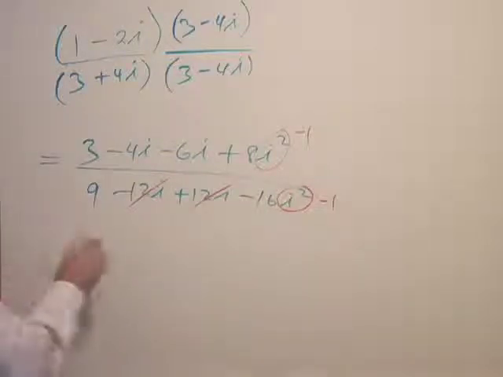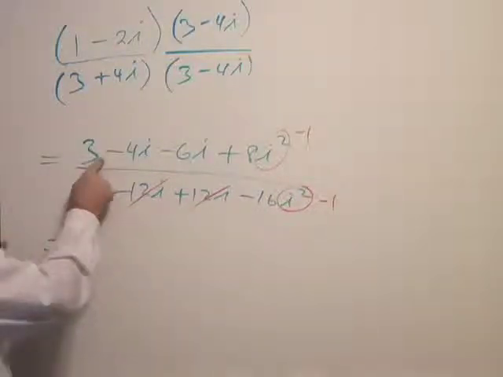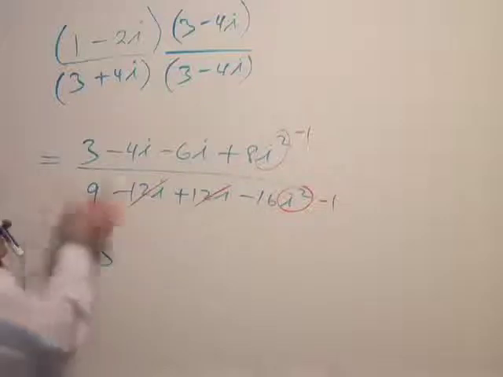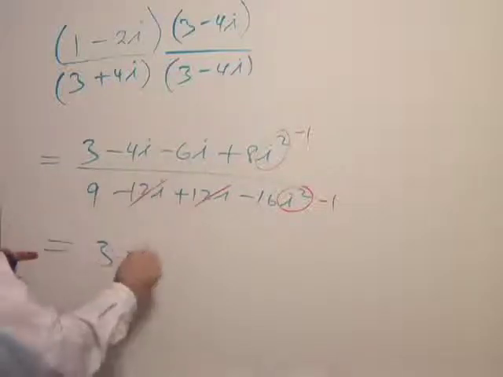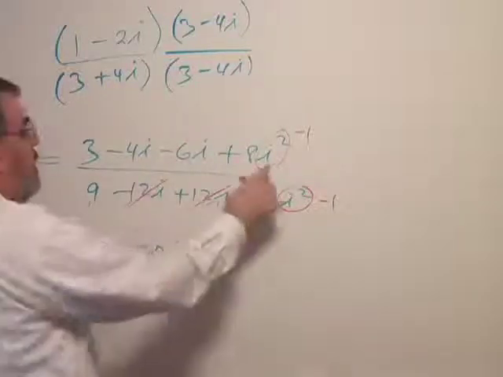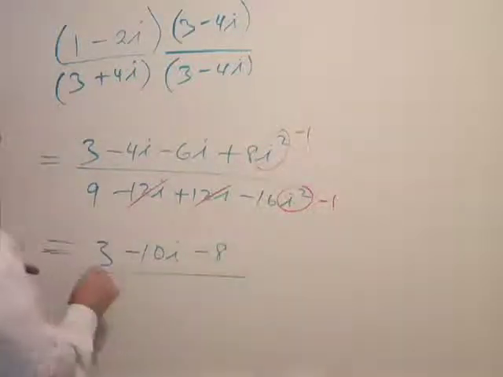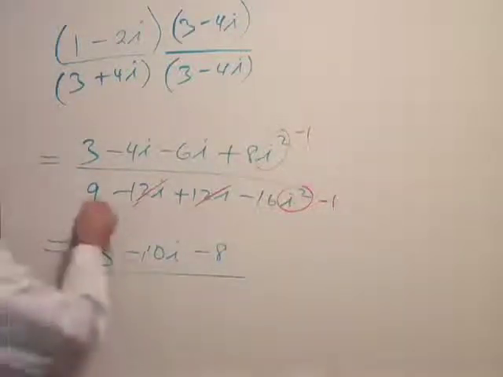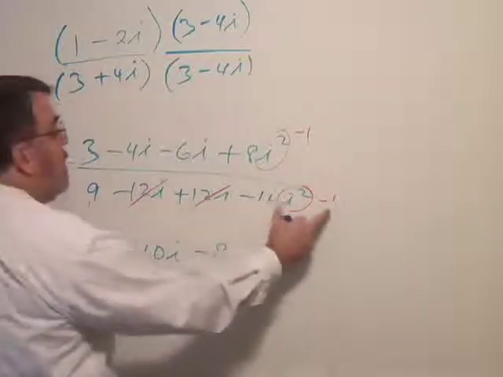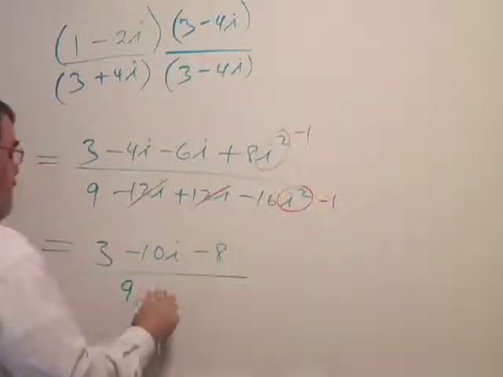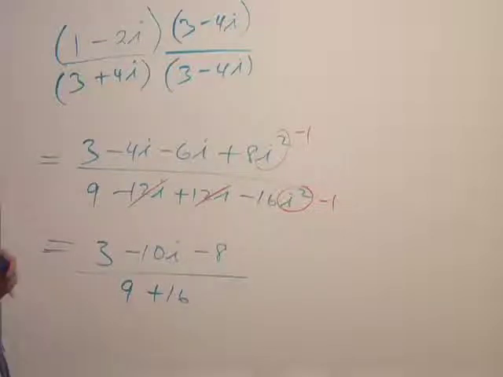So when the dust starts to clear here, I've got 3. These combine, minus 10i. And then 8 times negative 1 is minus 8. Down below I've got 9. And then negative cancels that negative, plus 16. And we'll finish up here.